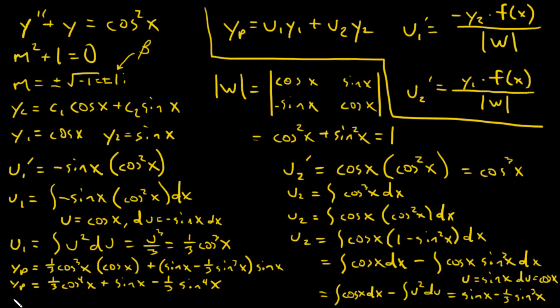And then if I really wanted to, I could write y is equal to c1 cosine x plus c2 sine x plus this, plus 1/3 cosine to the 4th x plus sine x minus 1/3 sine to the 4th x. And this is our final solution right here. I'm not going to even attempt to box that in because I'll mess it up.